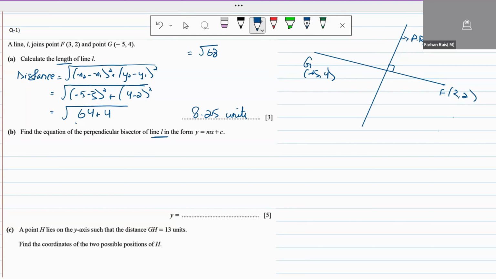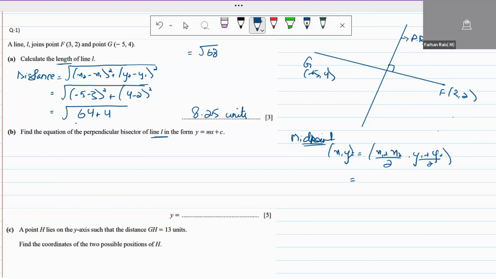The very first thing to be done is we have to find the midpoint of these 2 points F and G. The midpoint (x, y) is equal to ((x1 plus x2) upon 2, (y1 plus y2) upon 2).